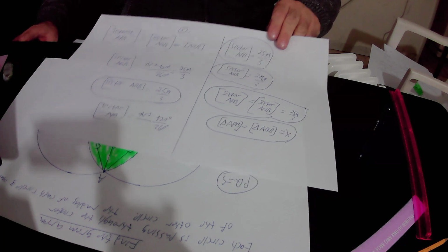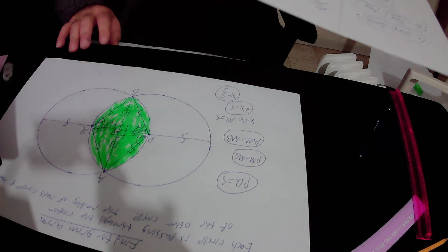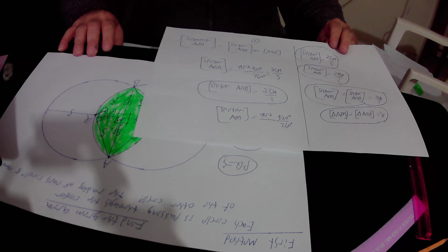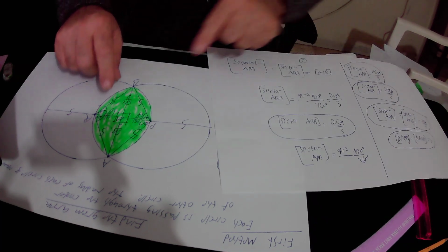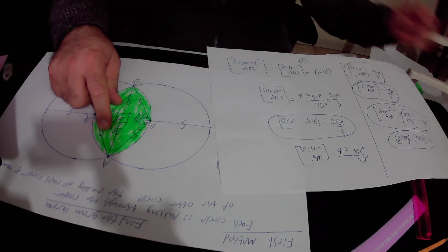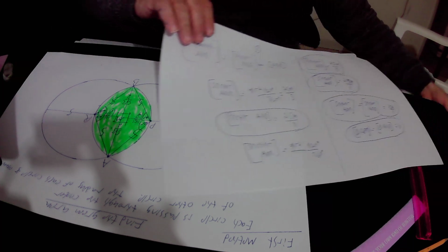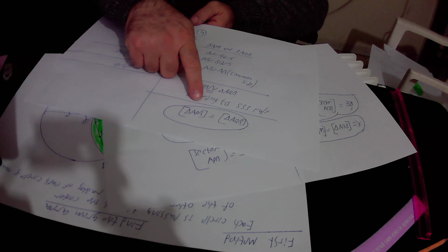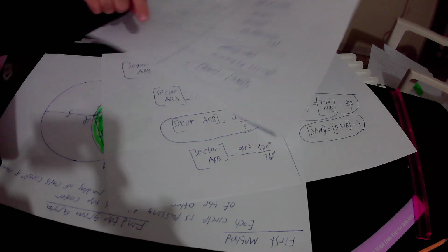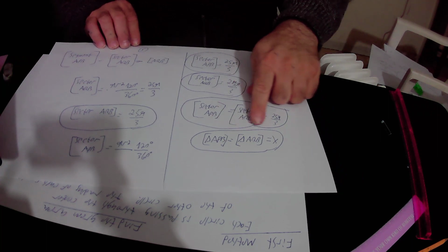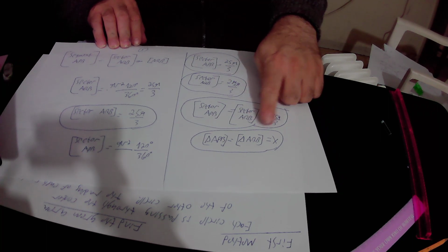We actually found out that the areas of those two triangles are also equal to each other. The area of triangle APB is equal to the area of triangle AQB.